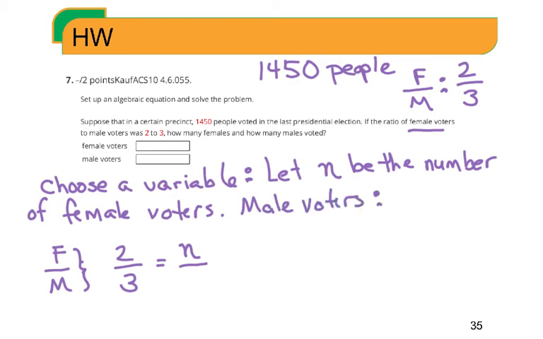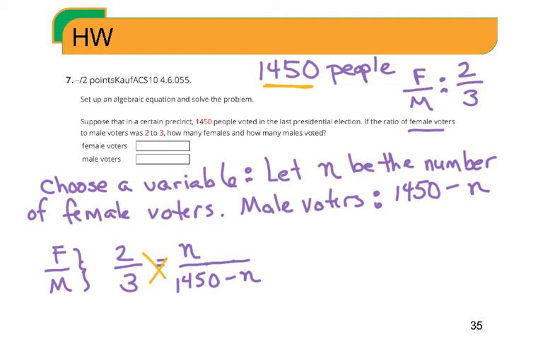Together, they have to add up to 1450. So this will be 1450 minus the number of female voters. So that's that same trick as we did in the previous example. Now I have my proportion and I can cross multiply.